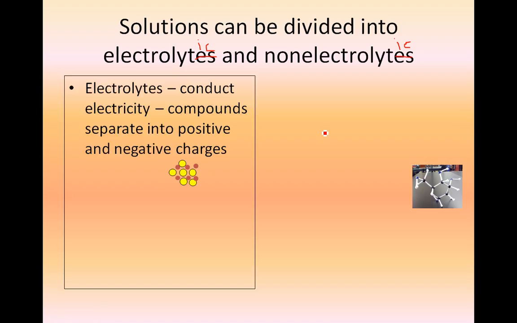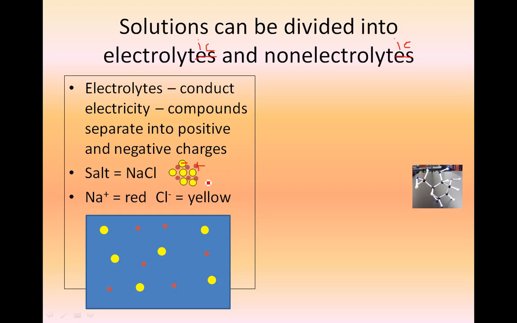Electrolytes conduct electricity because they are compounds that separate into positive and negative charges. This picture here is a picture of salt. The little red particles are the sodium, and the big yellow ones are the chlorine. The sodiums are positive, and the chlorines are negative.